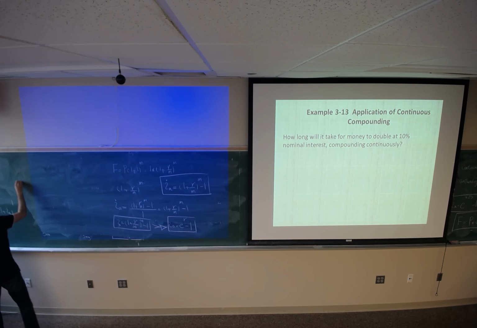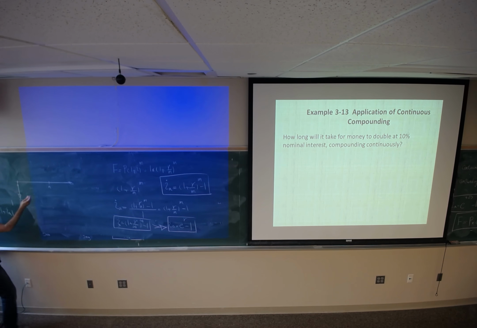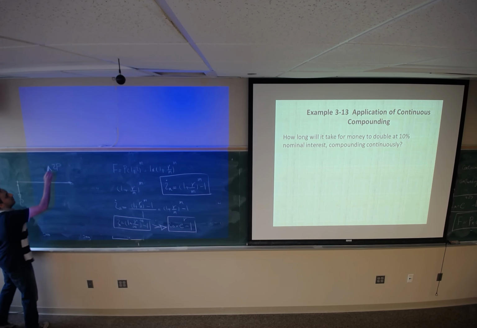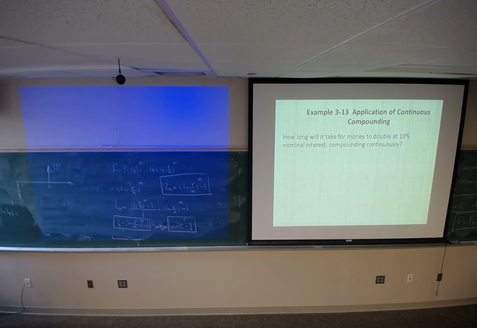At time 0 and n, we want to deposit P, but we want to withdraw 2 times P. Future value should be double. So F would be P times e power Rn. F is 2P equals P times e power Rn, because we want to double the future value.